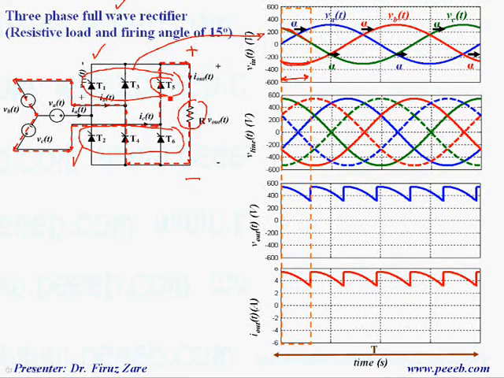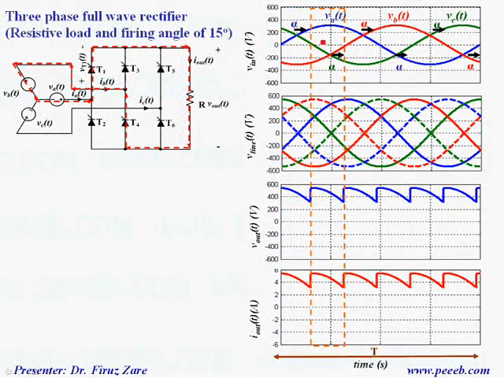This one, because phase C, which is basically here, is greater than other phases. So we have phase C here, and in the lower thyristors, phase B is lower than other phases, so that's why this thyristor is turned on. So the voltage at this point is VB.